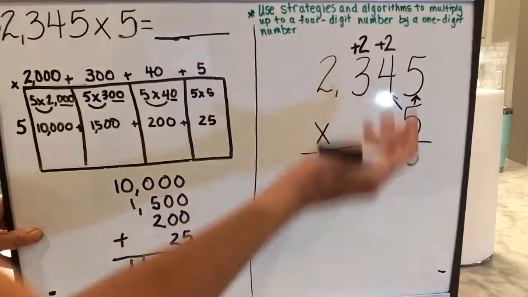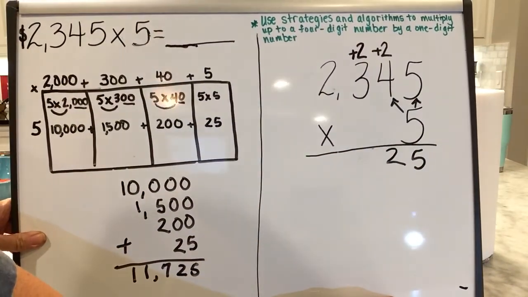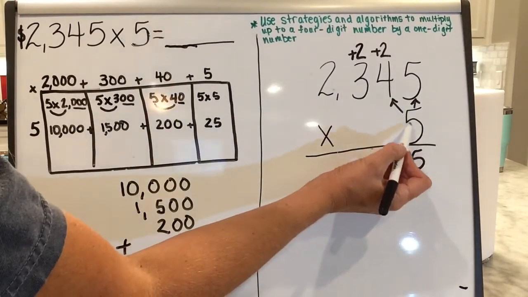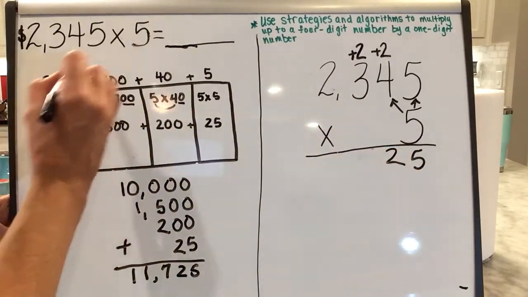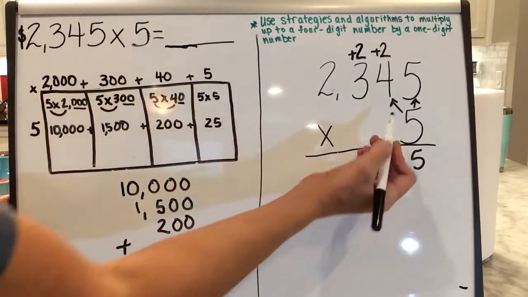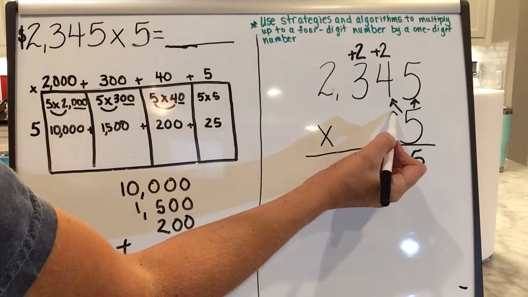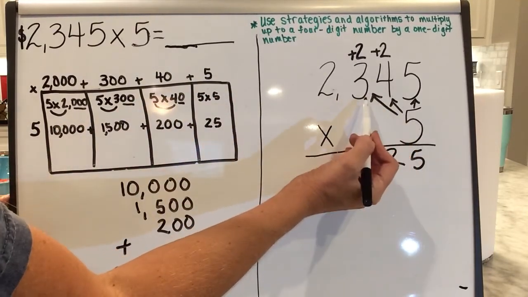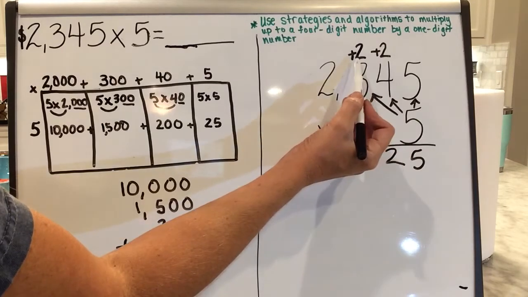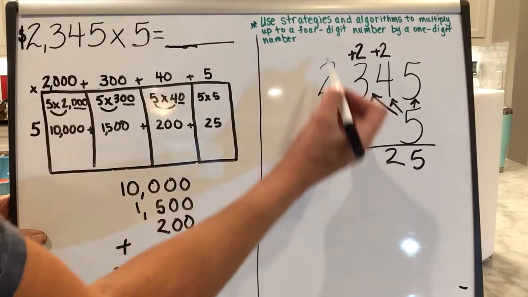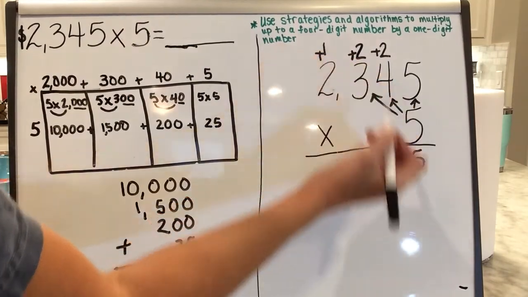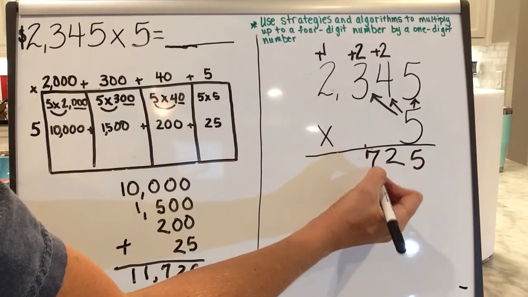So you may need to regroup each time. Okay, so now, again, we're going to start with this 5. And every time, do you see how we went each time and multiplied? We're saying 5 times 3 is 15. But we're going to add 2 more, and that is going to give us 17. So we know that we are going to regroup 1 ten and 7 ones.